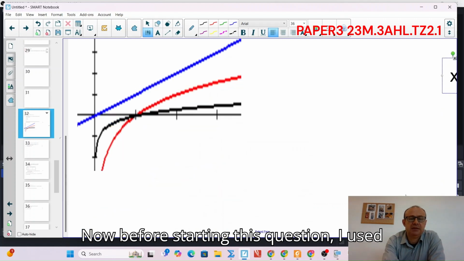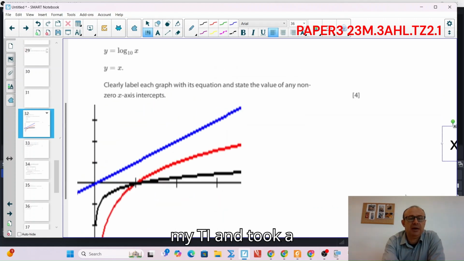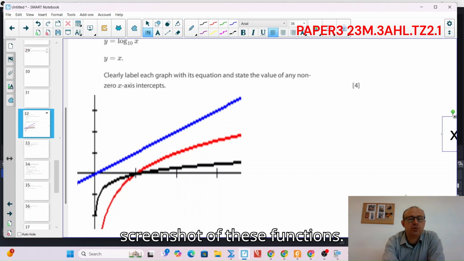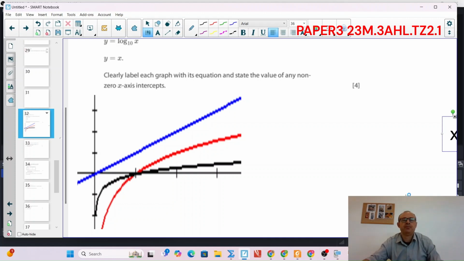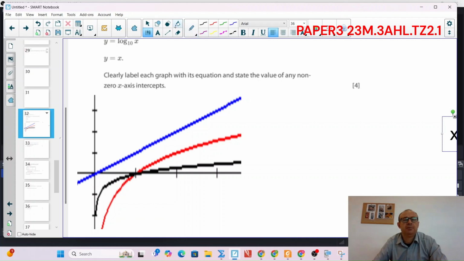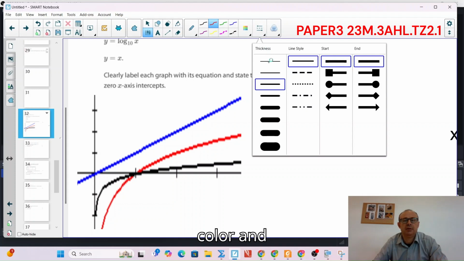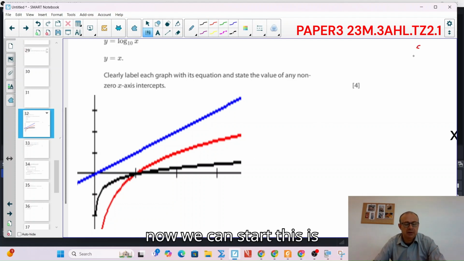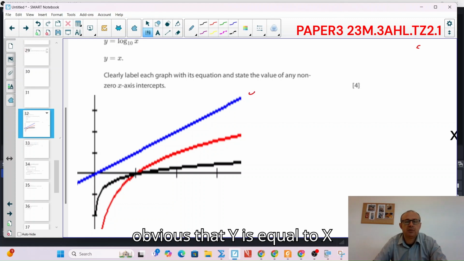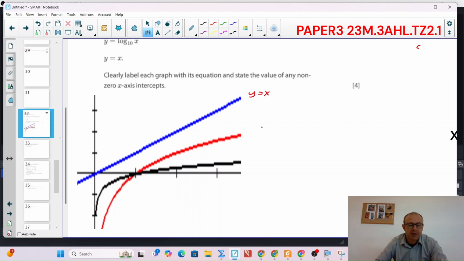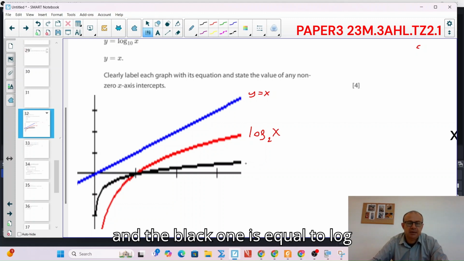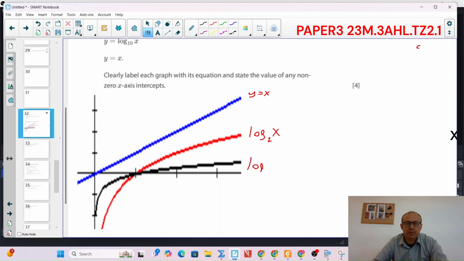Now, before starting this question, I used my TI and took a screenshot of these functions. Let me choose my color. And yes, now we can start. This is obvious that y is equal to x, and this function is log base 2 of x, and the black one is equal to log base 10 of x.